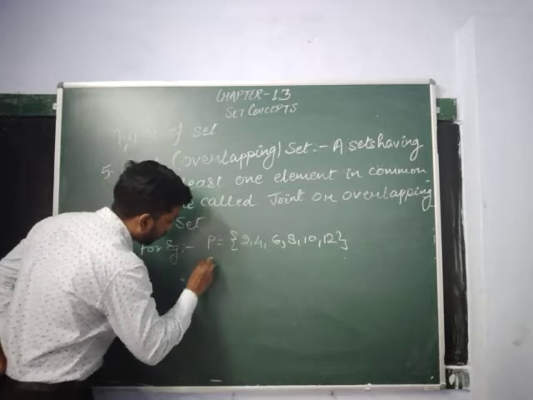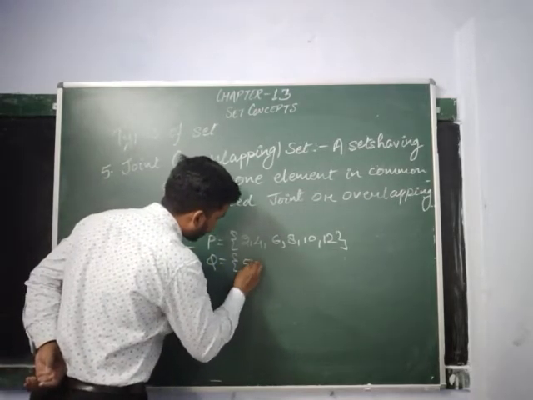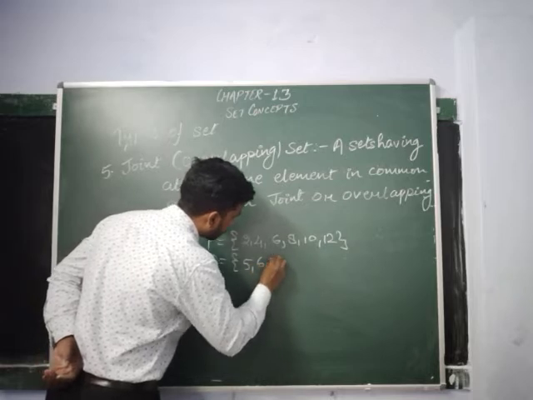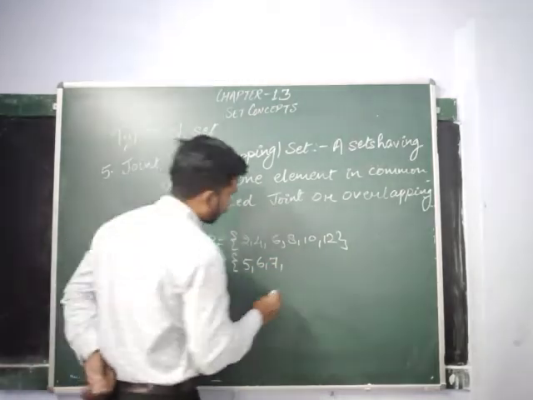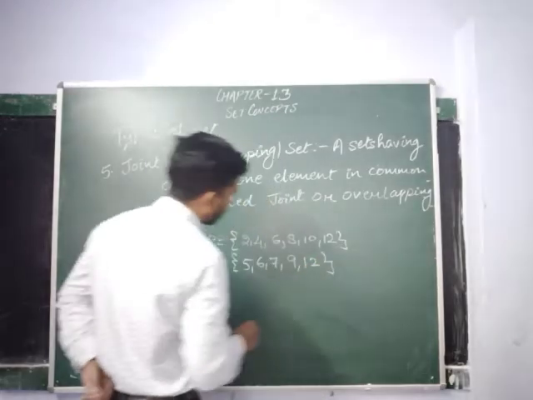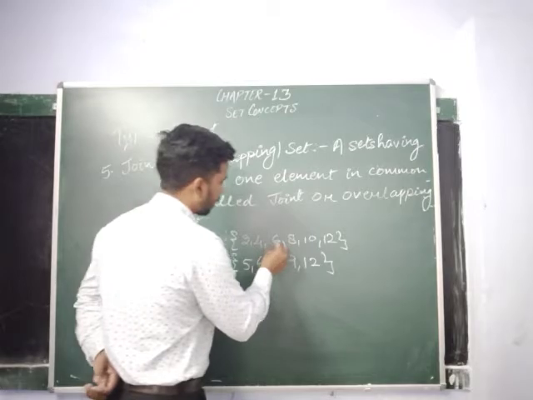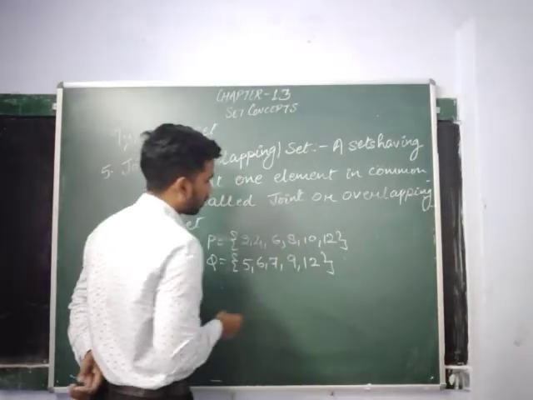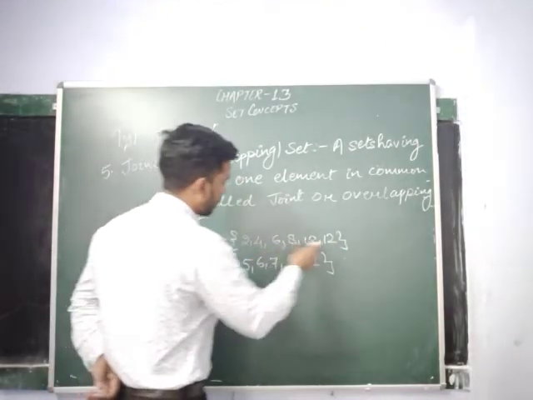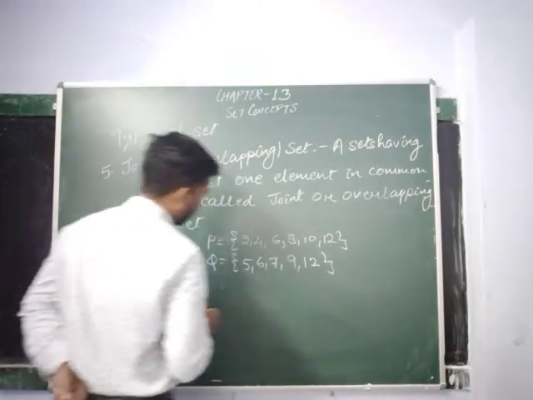And then set Q is having numbers 5, 6, 7, then 9, then 12. So here you can see P is having numbers 6 and 12. Okay, that same number is in set Q also, 6 and 12.